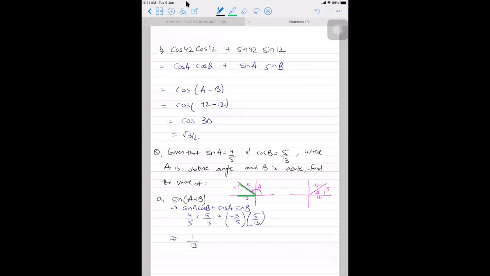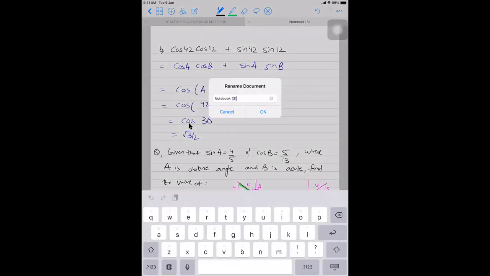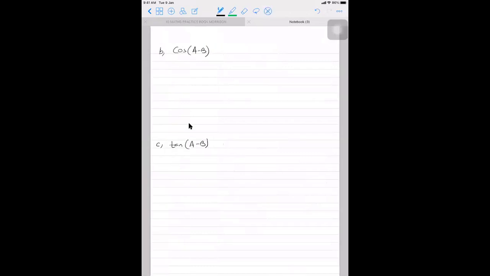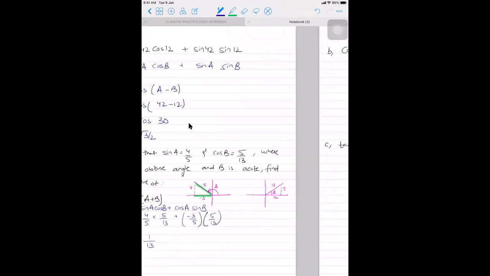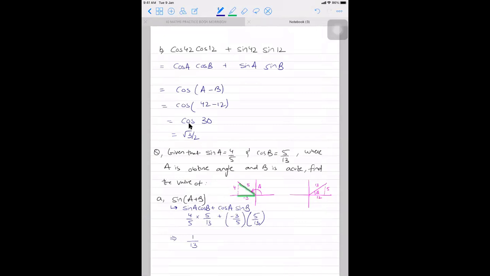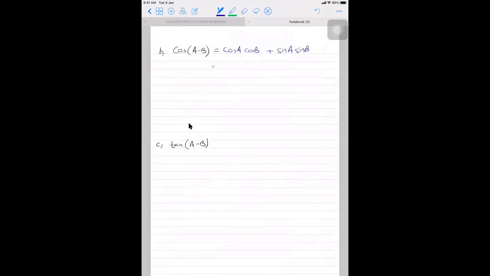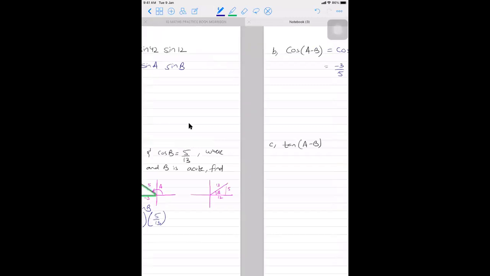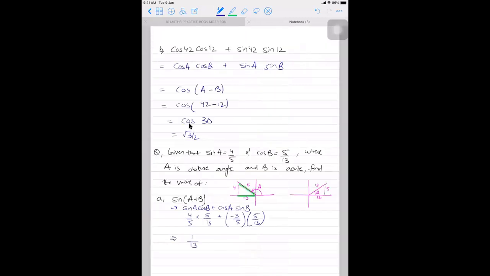Sir, I've gotten answers for both the parts, but I think the second one is wrong. Let's find out. So cos(A minus B) is equal to cos A cos B plus sine A sine B. Cos of A is going to be minus 3 upon 5. Cos of B is going to be 12 over 30.